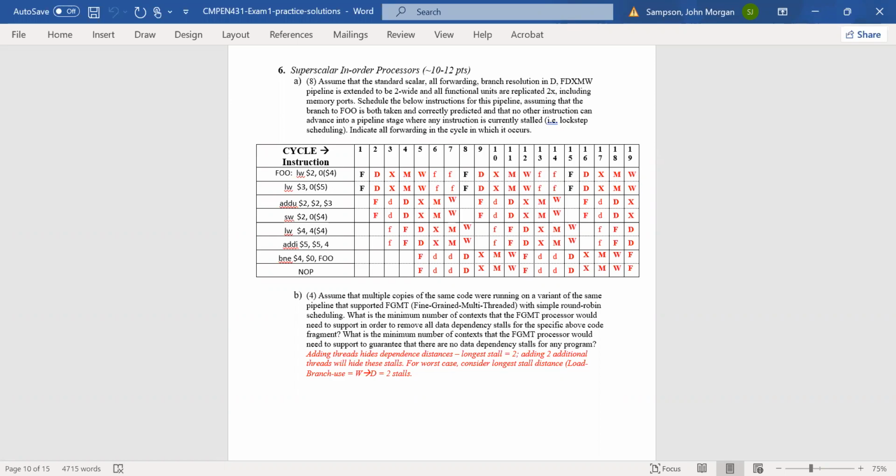So that's fine. But I do need to wait until this value and this value are both ready. I can't send my add down until I know that it's actually going to be ready. When's it going to be ready? Well, it's a pair of load words. They'll both be ready here in cycle 5.